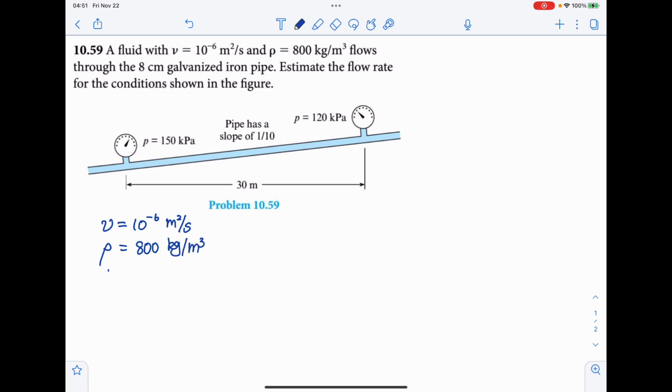The diameter of the pipe is 8 centimeters, so it's going to be 0.08 meters.